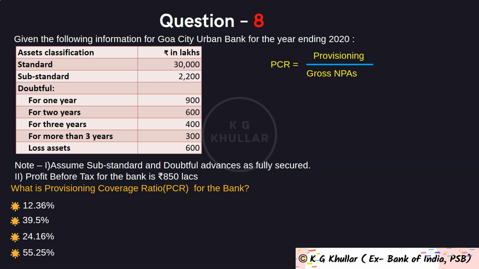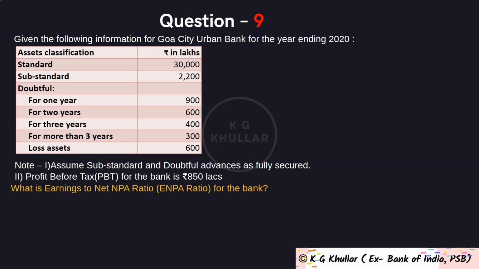Now, both these figures we have found in previous questions. So, provisioning coverage ratio or PCR in short for the bank will be total provisions, that is 1975, divided by gross NPAs, that is 5,000 multiplied by 100 equals 39.5%. Thus, the correct option for the given question is option B.